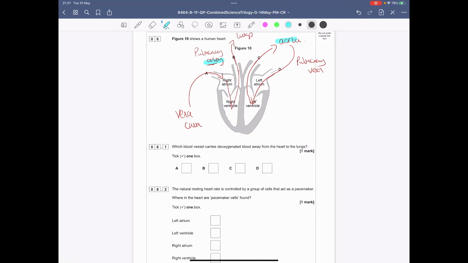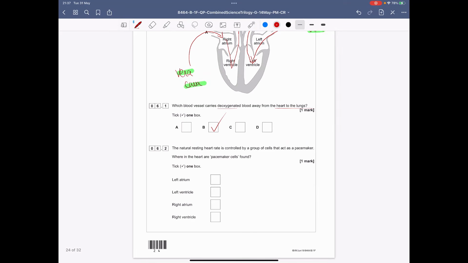Just remember, arteries go away. And then the veins, the vena cava and the pulmonary vein, carry blood towards the heart. So arteries carry blood away, veins carry it towards. But which one carries deoxygenated blood to the lungs? It would be B, because that's pumping the blood to the lungs to get the oxygen.